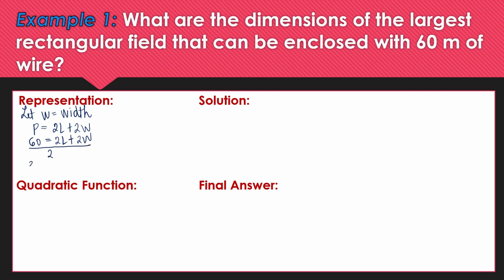We will have 30 is equal to L plus W. And since we want a representation for L, L will be equal to 30 minus W. That will be the representation to be used for the length.